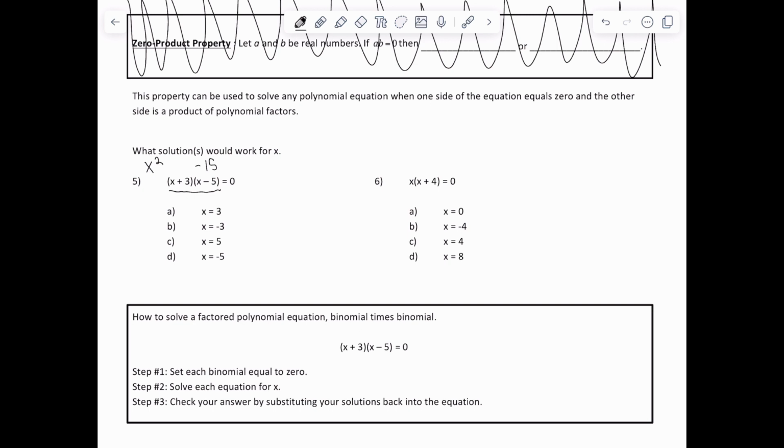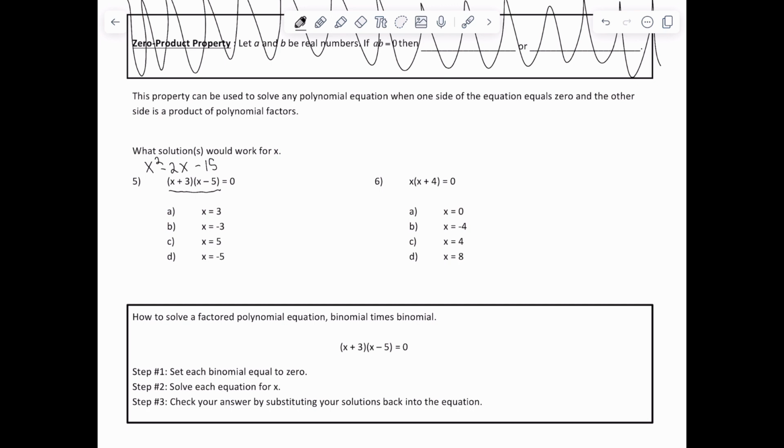In the middle, it looks like it's going to be 3 and -5, so it's going to be minus 2x.